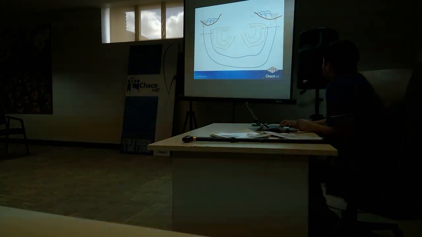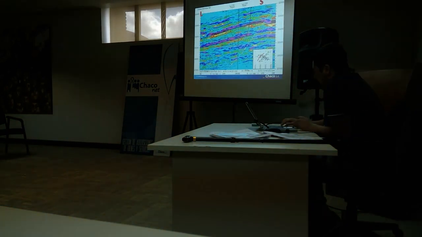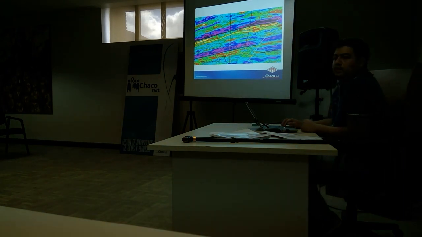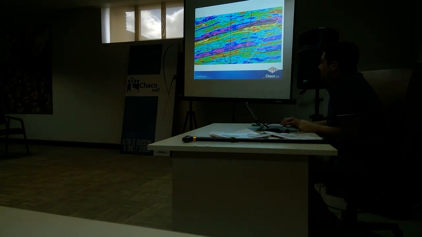Why don't you show it on the seismic line? I did a zoom so I can show that point. This will be the point bars maybe of the Petaca formation on this part. Do you see that on the other side?